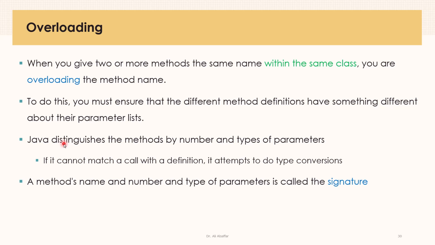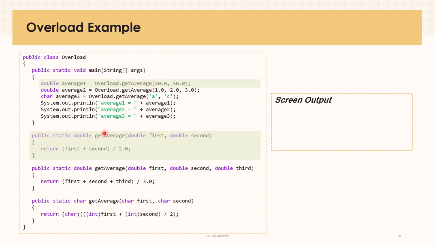To see how overloading is implemented in a program, let us take an example. In this example, we have four methods in the same class, Overload. The first one is the main method, and the others are in fact the same method because they have the same name, getAverage.